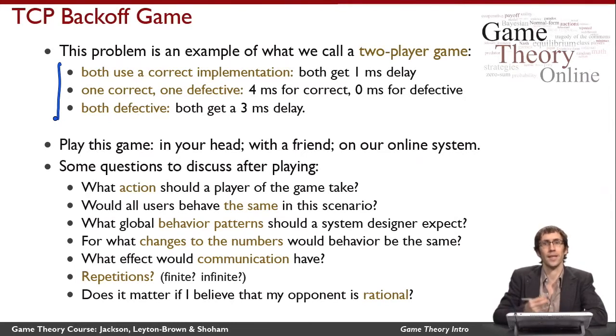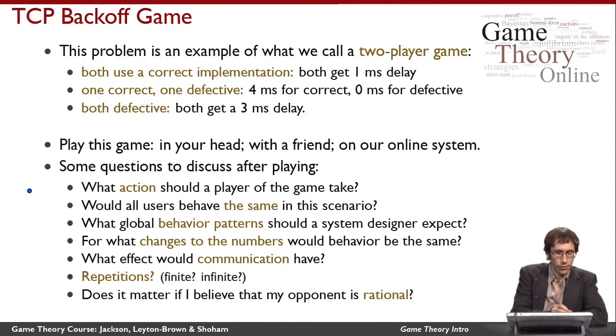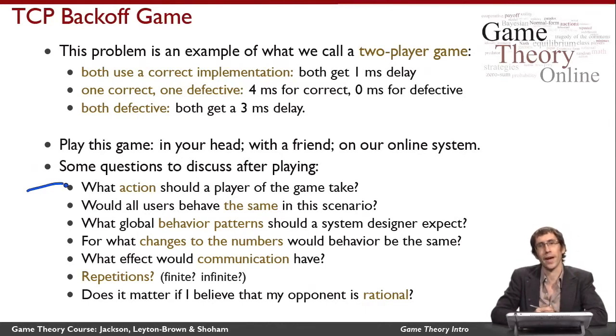Of course, nobody likes delay, so the players are trying to minimize the amount of delay that they experience in the network. So if you wanted to minimize the amount of delay that you experienced, how would you play this game? That's kind of the most natural question to think about when you're thinking about a game theoretic setting.